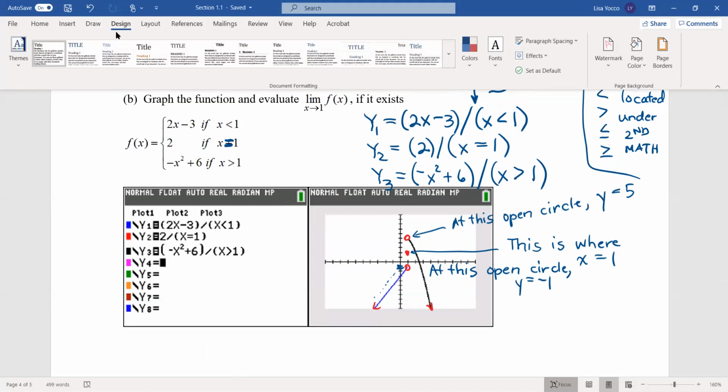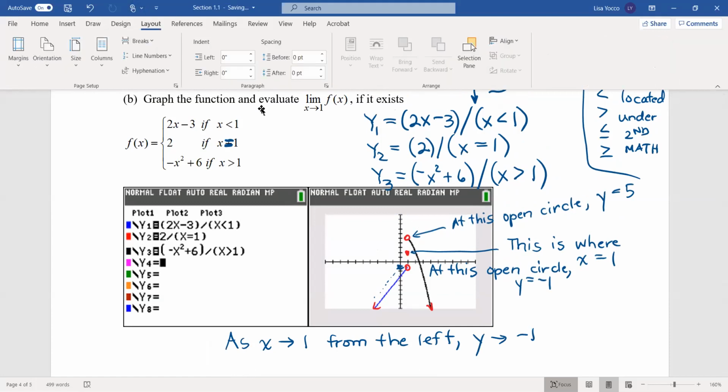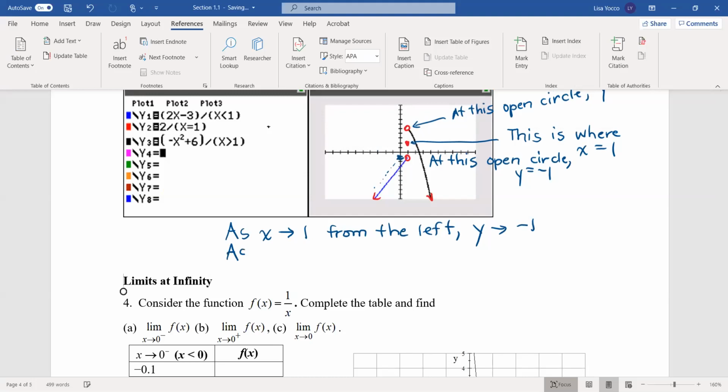Looking at the blue piece of the graph, we'll say as x approaches 1 from the left, y approaches -1, and as x approaches 1 from the right, y approaches 5. Basically, because those aren't the same numbers.